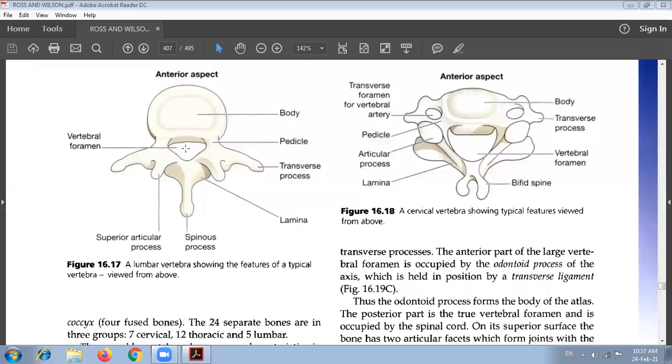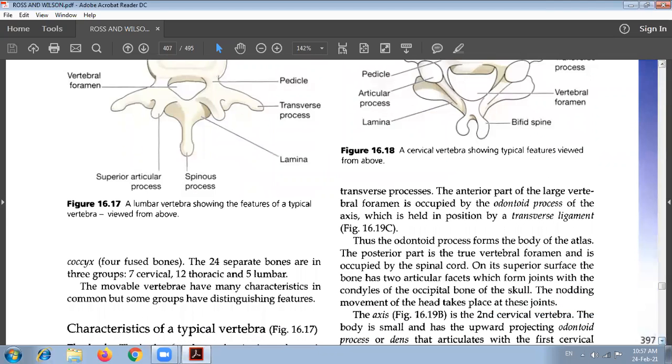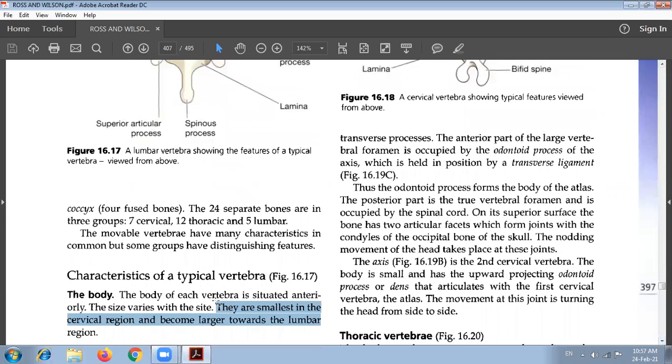Okay, so this is the typical vertebra. The vertebra size may vary according to their region. In the cervical region they are small, while towards the lumbar region they become larger in size.